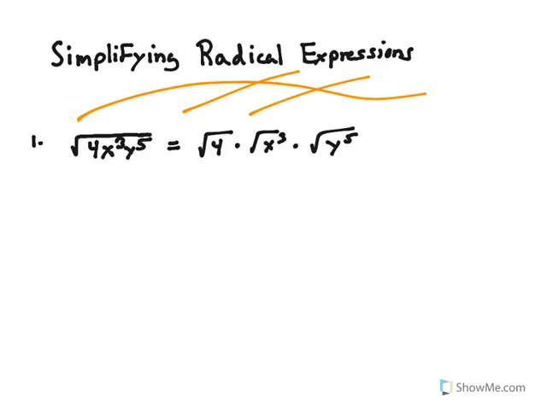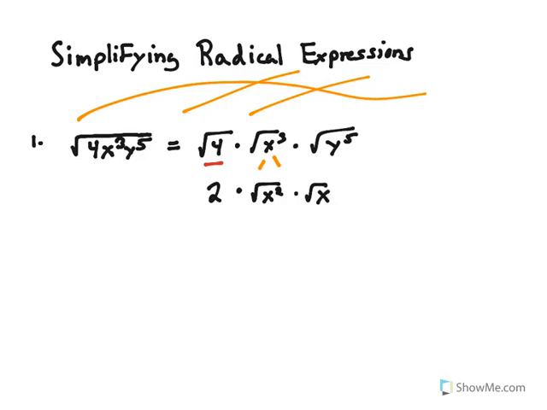And what you have to remember is that if you see perfect squares, in this case 4, the square root of 4 is 2. And then, of course, x cubed is equivalent to square root of x squared times the square root of x.